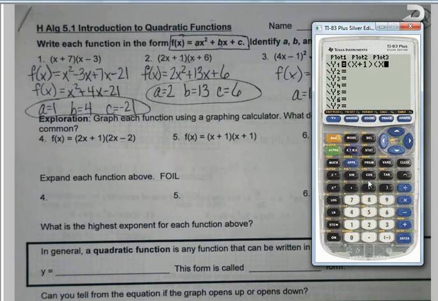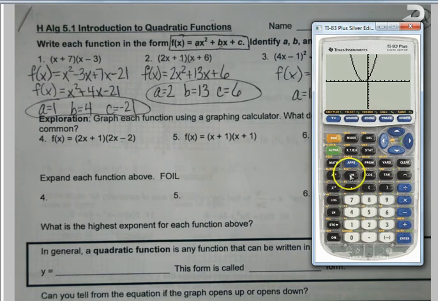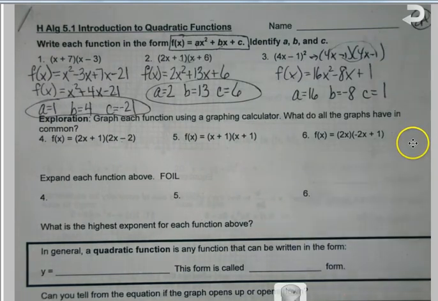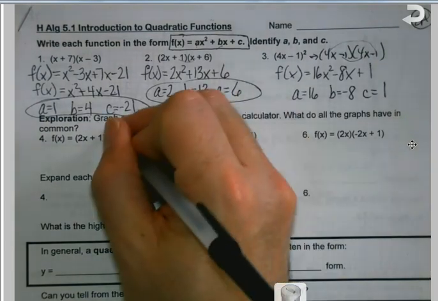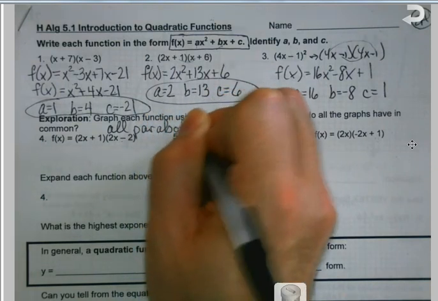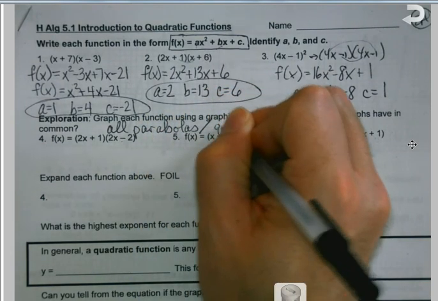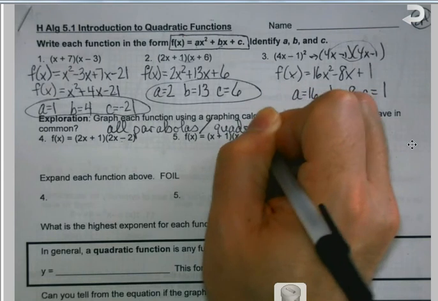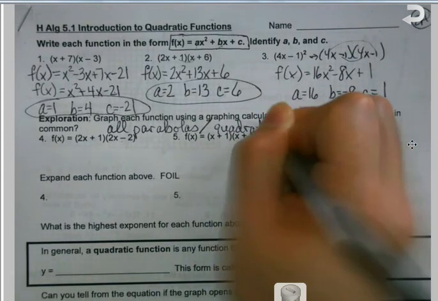So basically, what I'm trying to show you with this section is that you are going to get quadratics or parabolas for all of these, okay? So they're all parabolas, slash, if we want to get very mathematical, they're all quadratics.